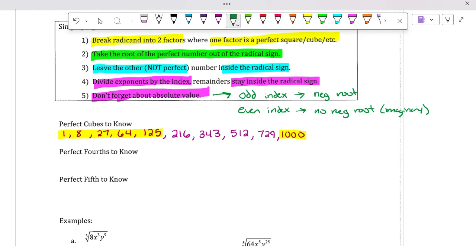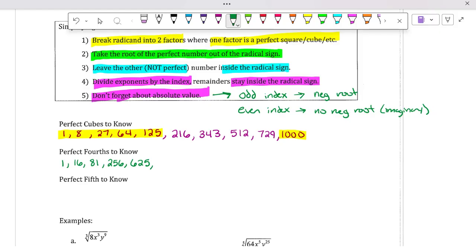Fourths, again, I recommend at least up to 5 and then possibly 10 to the 4th. So 1 to the 4th is 1, 2 to the 4th is 16, 3 to the 4th is 81, 4 to the 4th is 256, 5 to the 4th is 625.